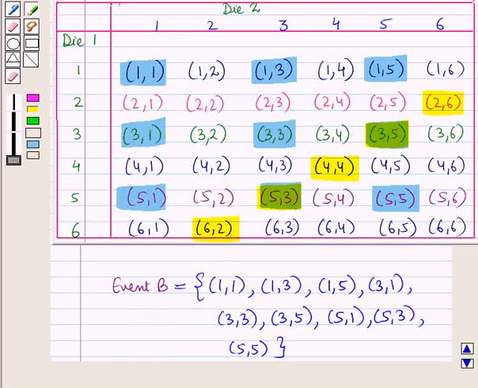So event B is a set containing all these ordered pairs.